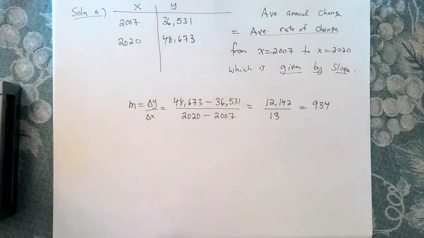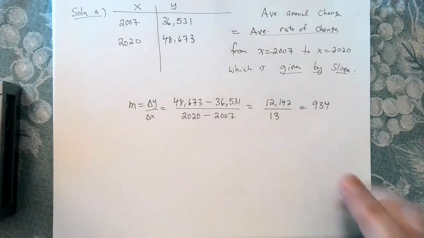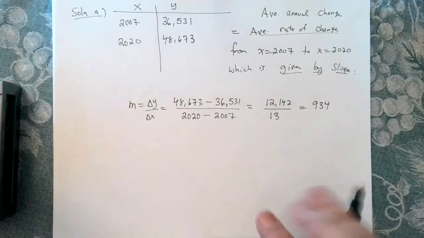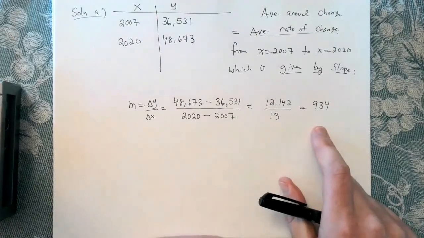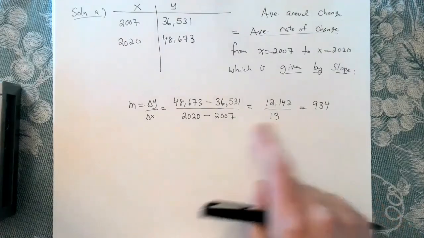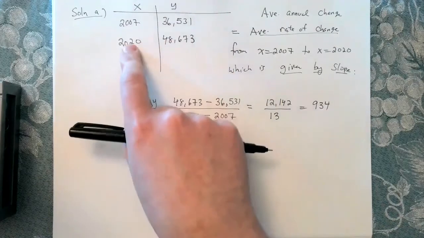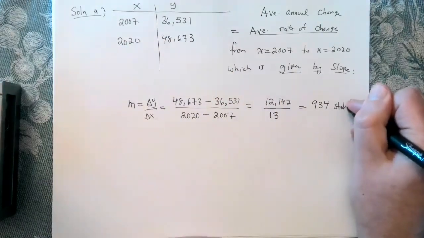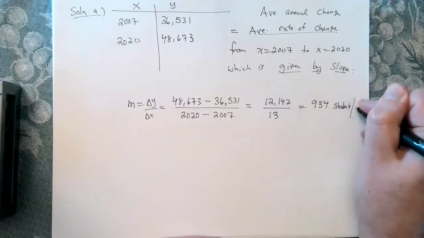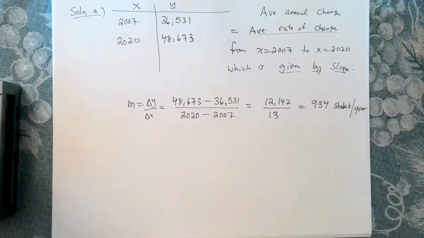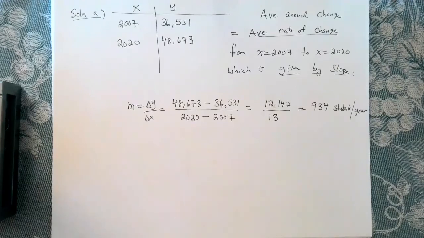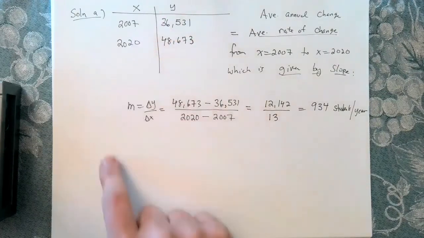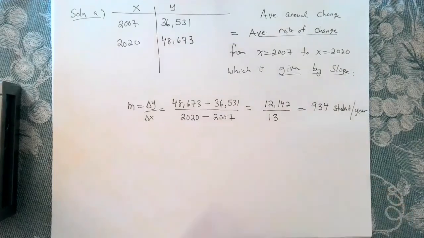But remember, this is a rate of change, so it has to be something per something, right? Because it's a rate. And so what makes sense in this case? Well, we're talking about enrollment per year, so this would be students per year. That makes sense if you look at your y's correspond to students, your x's correspond to year, and that's this per this.